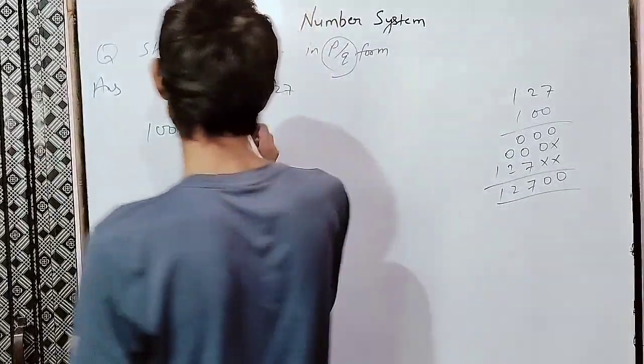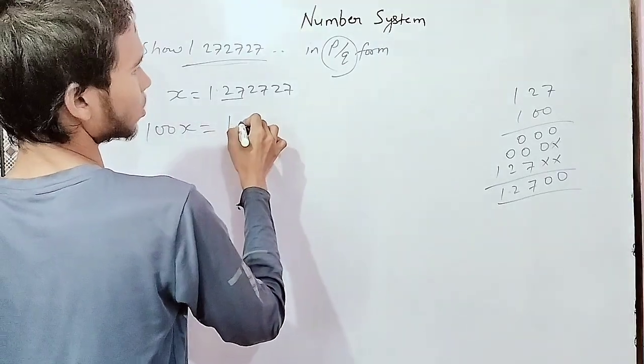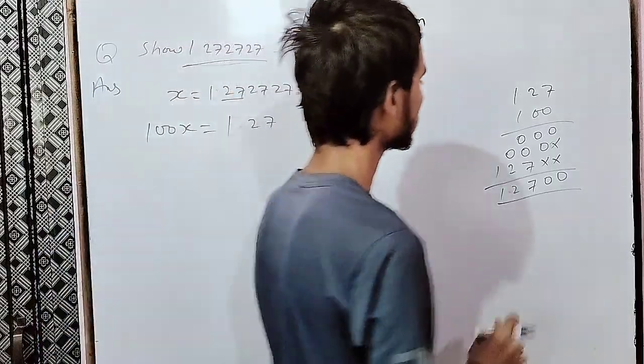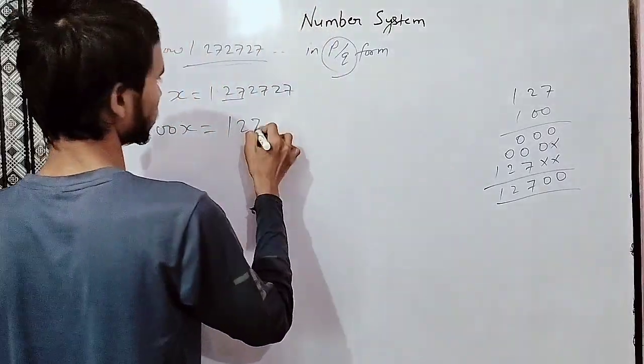1.27 will be multiplied by 100. So 1 2 7, 127.